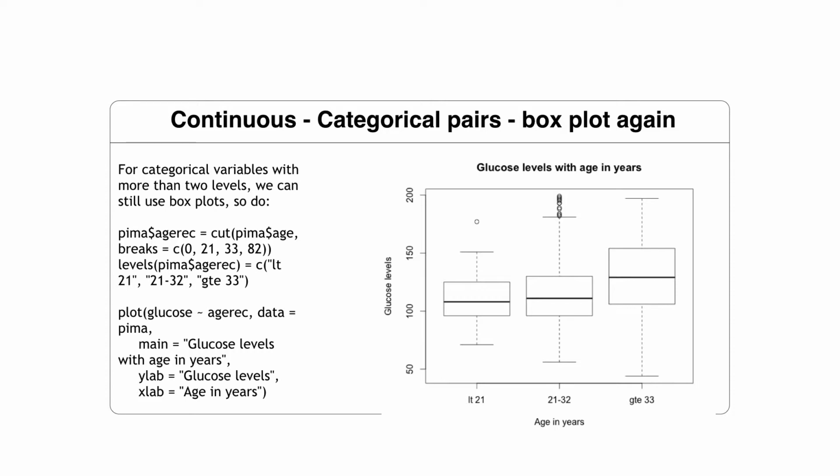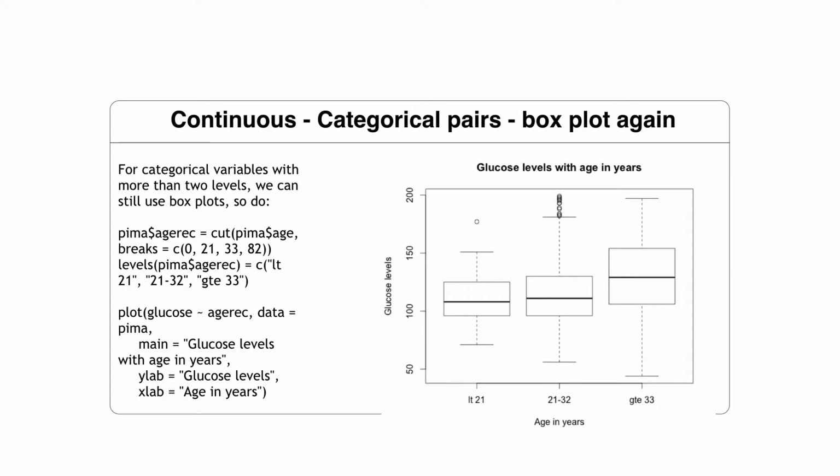So we broke it up, and therefore we used the term breaks, and we said 0, 21, 33, and the max of age. We could also replace 0 with the min of age, but we instead chose 0. And the max is 82. We already found out that the maximum value was 82, so we just stopped there.